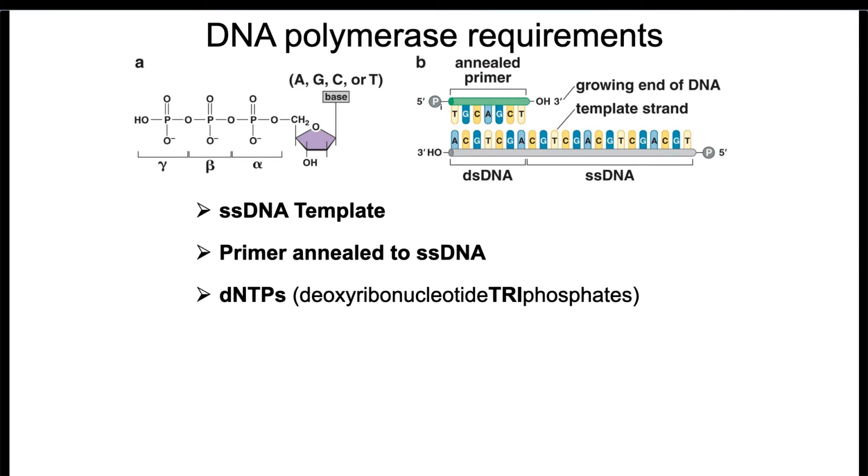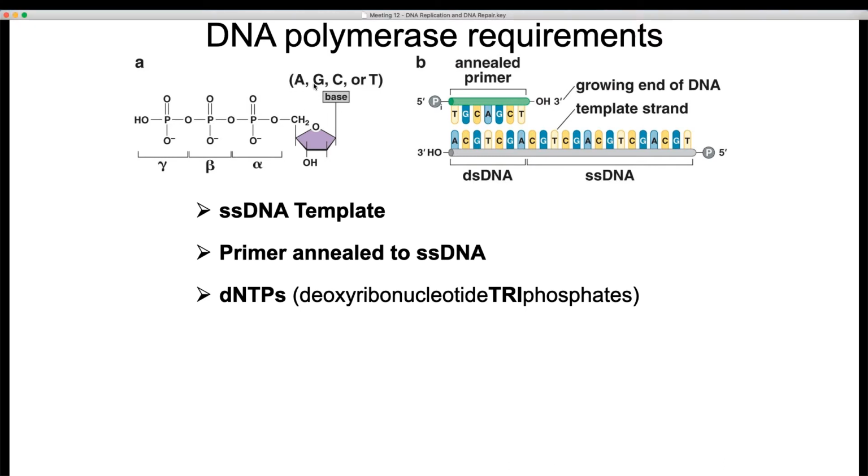Now, DNA polymerase has certain requirements, and some of them are different than RNA polymerase. So DNA polymerase requires the building blocks here that are deoxyribonucleotides, instead of simply the ribonucleotides that RNA polymerase requires.